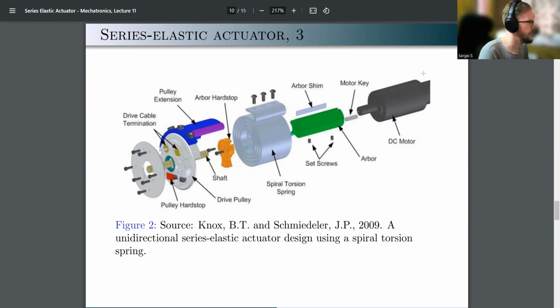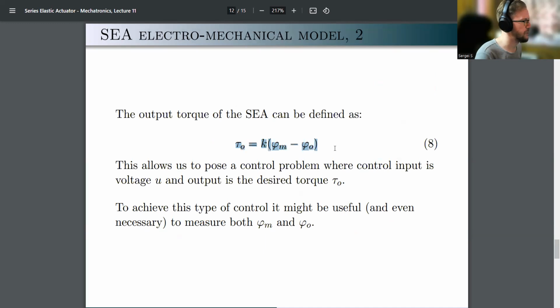We could put a sensor at the back here to measure the orientation of this axis, and we put a sensor here to measure the rotation of this axis. This would allow us to measure both phi sub O and phi sub m, and we need both of them if we want to control tau sub O.